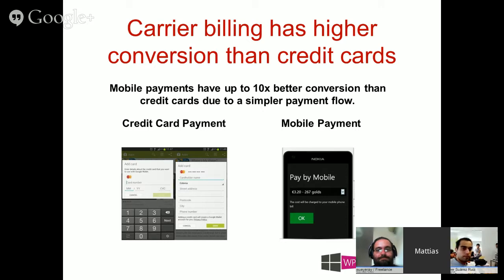On the other hand, we have, for example, South Korea, where the payouts are 90%. But in most markets, the carrier billing payout rates are lower than credit card payout rates, which means that it, for example, doesn't work that well yet for physical goods, or for selling movies or music, where you have some kind of a license cost attached to the item that you're selling.